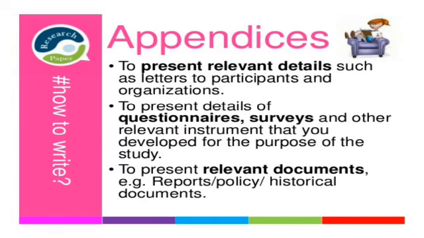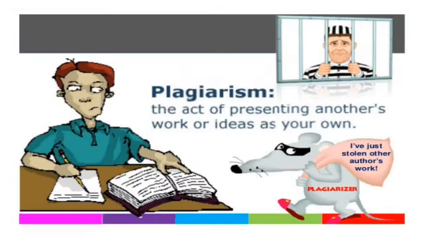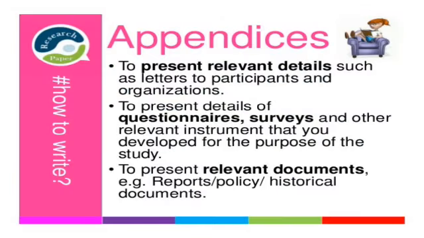And the last is the appendix. In this section you must present the relevant details of the questionnaires and surveys, and present the relevant documents. So these are all the steps and sections which are usually used in research and research proposals.